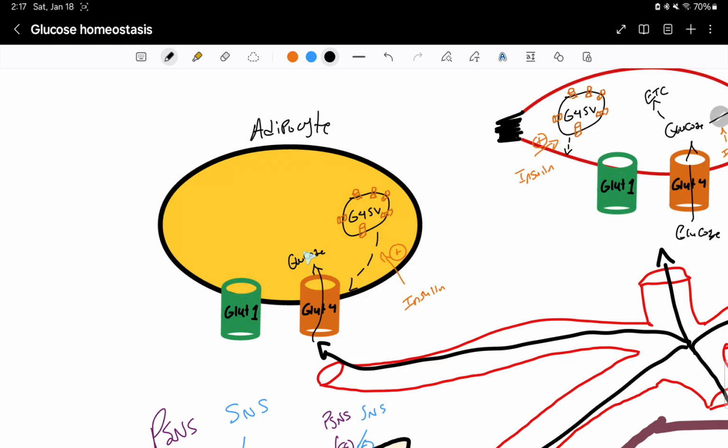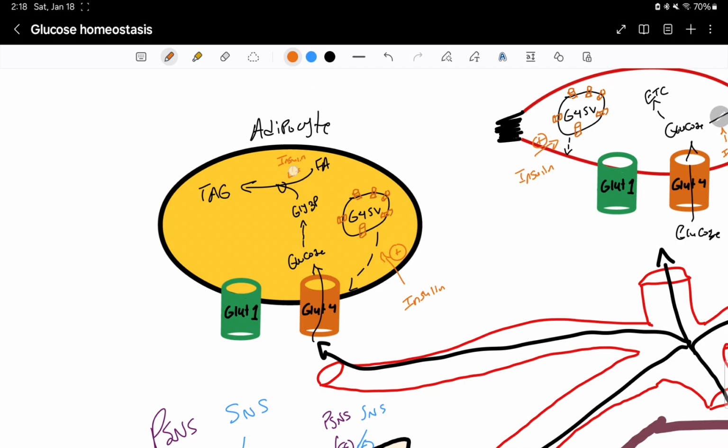So we take this glucose and through a series of enzymatic steps, we turn it into glycerol 3-phosphate. And we have fatty acids that are just inside of this adipose tissue. We're going to combine these two together and make triacylglycerol. Who's stimulating this step? Insulin.